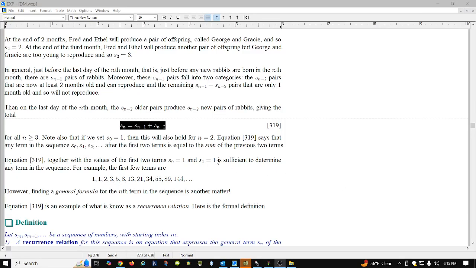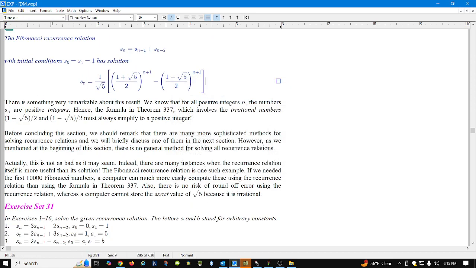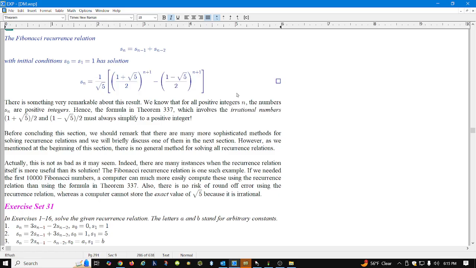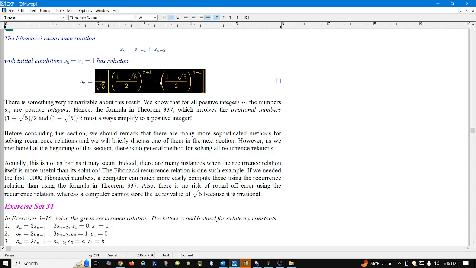But just to give you a hint, let me show you something. Here is the formula for the nth term in this Fibonacci recurrence relation. It's pretty ugly. It's even surprising that all of this is an integer. But we'll get to this later on.